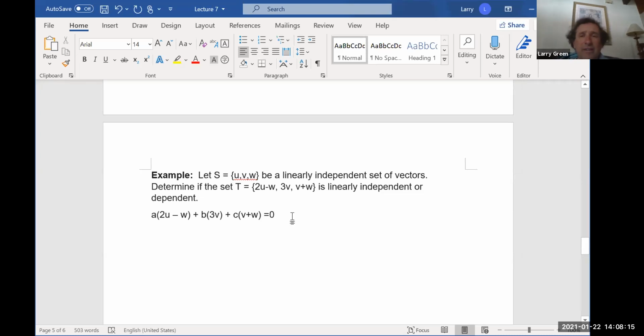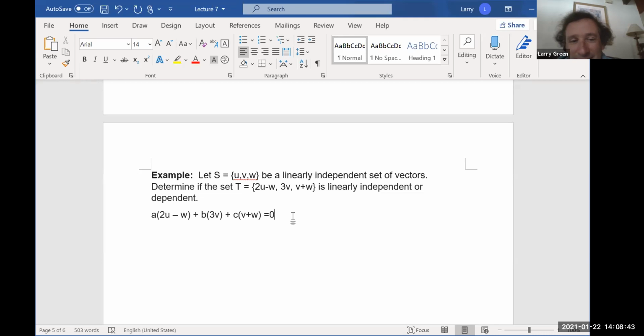Okay, now what can we do? Any ideas? Why don't we need to know the dimensions of U, V, and W? It makes no difference. Make it 300 dimensional, I'm good with that. You could do it 10,000 dimensional.